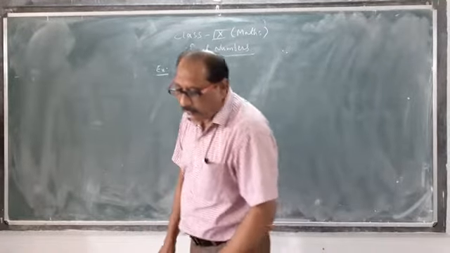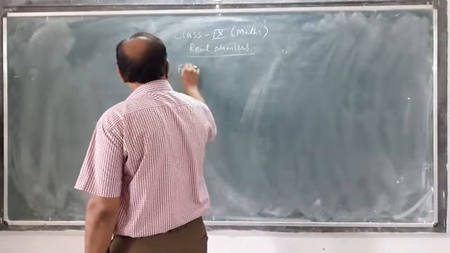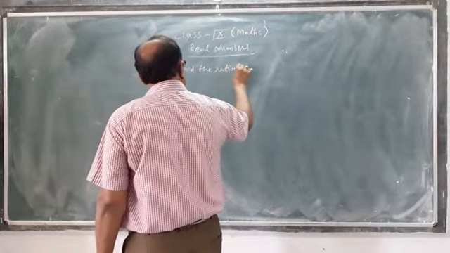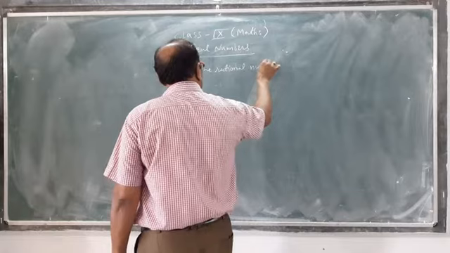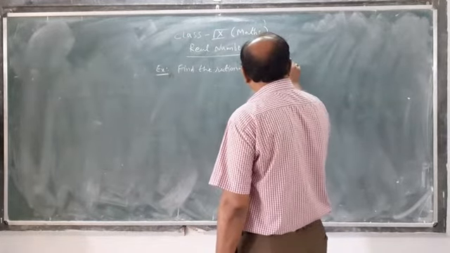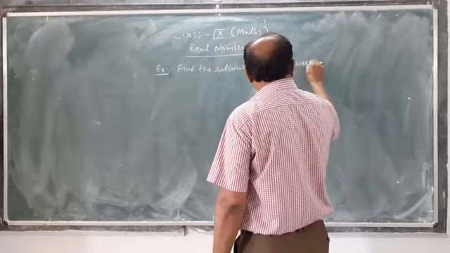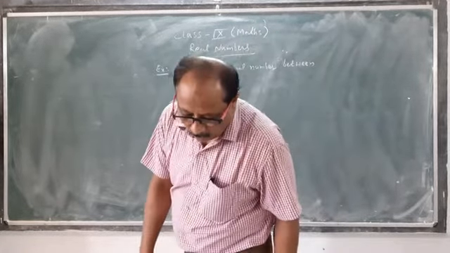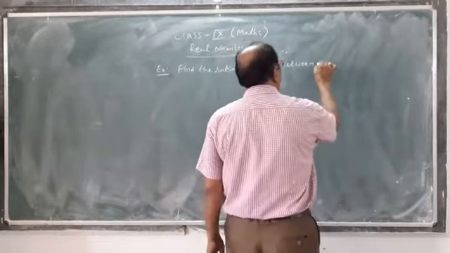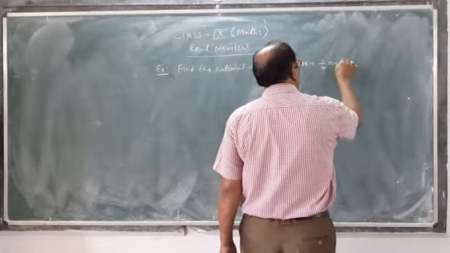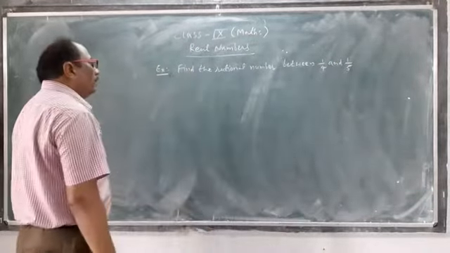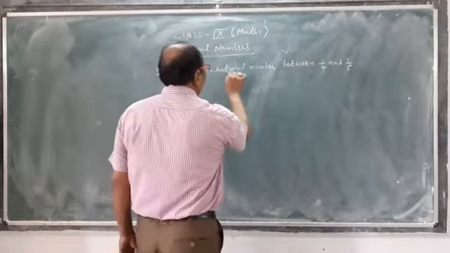Find the rational number between 1/4 and 1/5. Here, what do you mean by rational number?